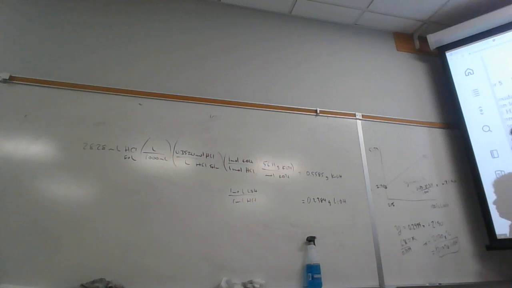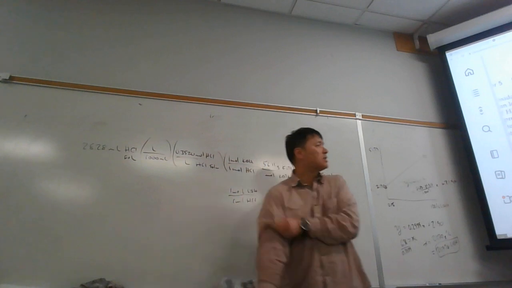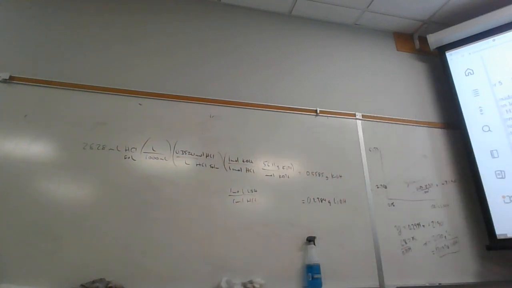Let me tell you the situation here. This could potentially work if this were at the limit. For example, if we knew that the KOH required 28.28 milliliters to neutralize, but the problem is this isn't at the limit. We don't know what the minimum and the maximum HCl is going to be here. This is somewhere in the middle, so we can't set these as limits.